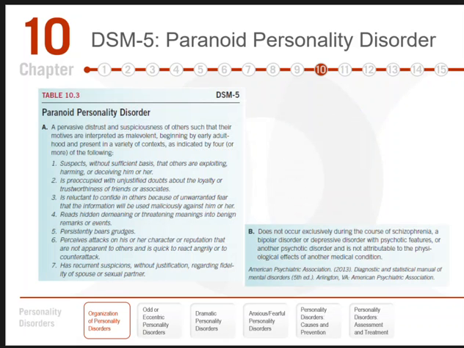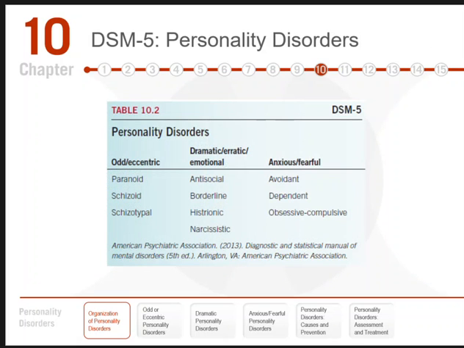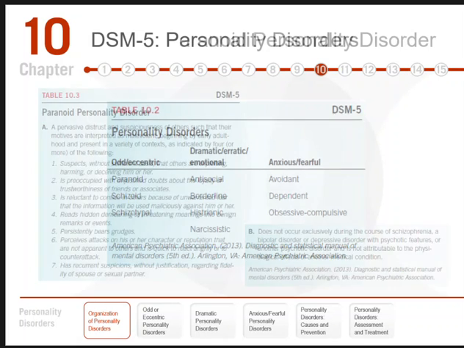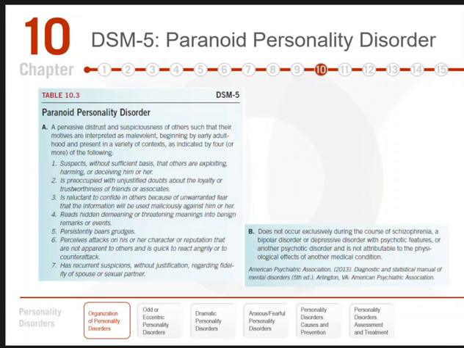Paranoid. Remember, paranoid is part of the odd, eccentric personality disorder group. The person has a distrust and suspiciousness of others, with their motives interpreted as malevolent. Malevolent is the second word for the day because it's hard to say. Malevolent means bad intent, beginning in early adulthood and present in a variety of contexts.